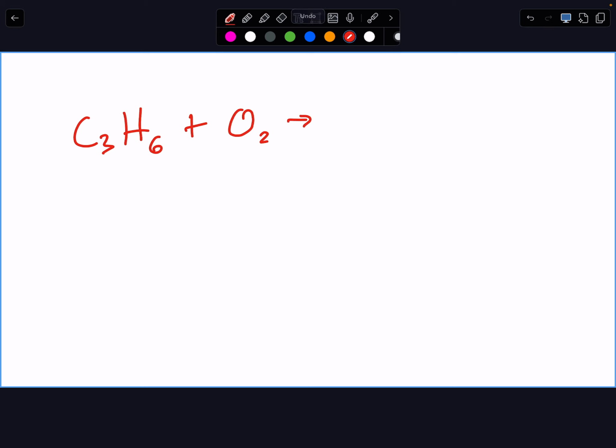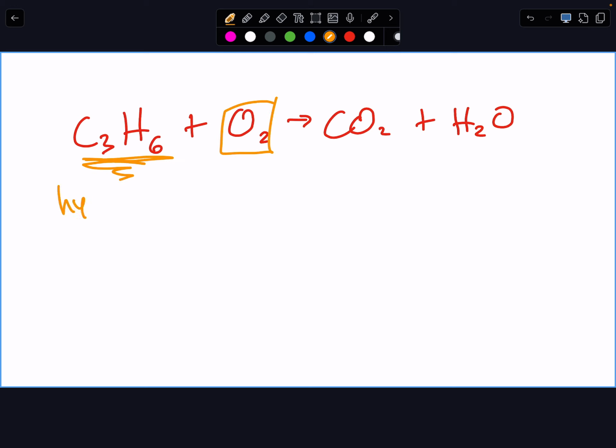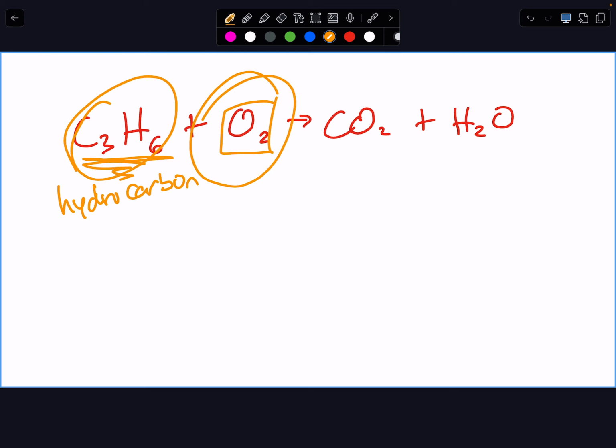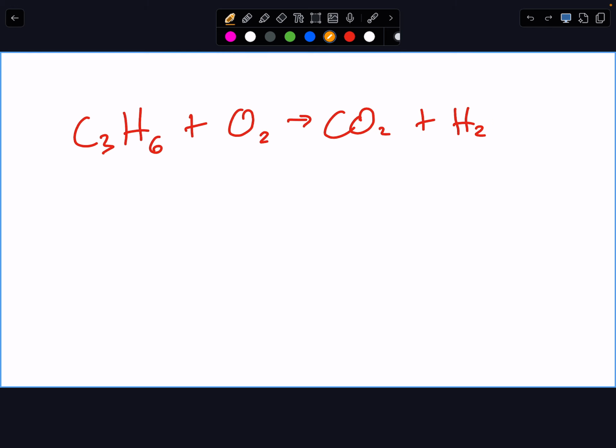CO2, H2O plus H2O. What kind of reaction is that? Combustion. How do you know it's combustion? Because oxygen is a reactant. Beautiful. And what do we call the other reactant? Hydrocarbon. When I have a hydrocarbon with O2, I always get CO2 and H2O. And I have to balance it and get my states of matter.